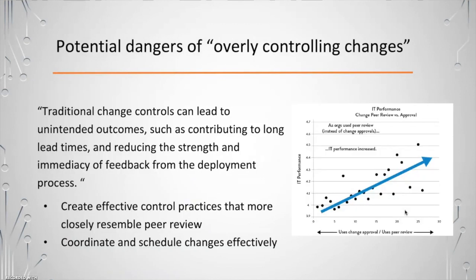Potential dangers of overly controlled change. When an error occurs, that is where we ask ourselves what is wrong or what we need to do so that the error doesn't happen again.